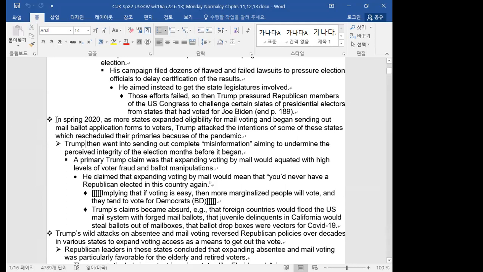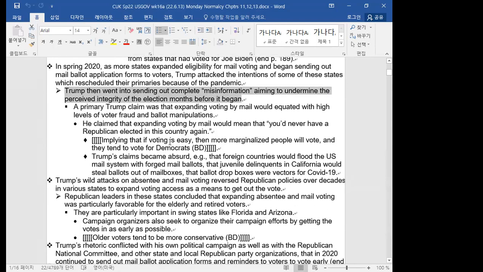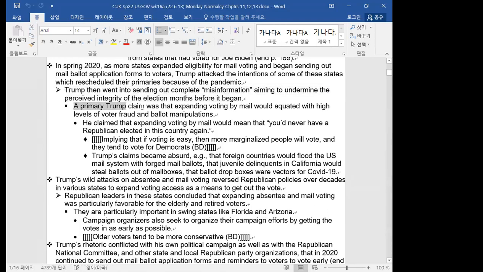So in spring 2020, Trump began attacking the intentions of some of these states who rescheduled their primaries to deal with the pandemic. Trump then went into setting out complete misinformation, aiming to undermine the perceived integrity of the election months before it began. A primary Trump claim was that expanding voting by mail would be equated with high levels of voter fraud and ballot manipulations.